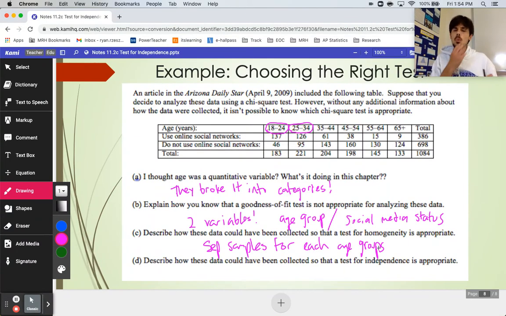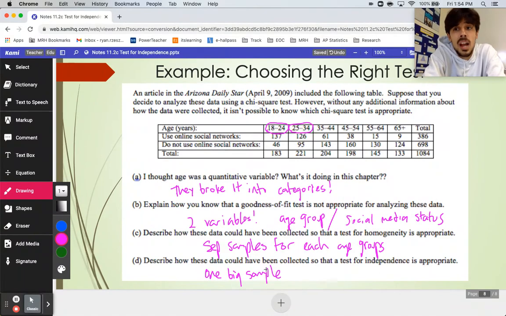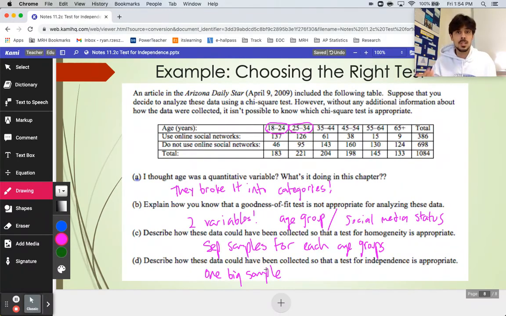And then how would it be a chi-square test for independence? It would need to be one big sample. Honestly, that's what I think this probably was. Picture an online survey where you're just asking people stuff. You probably didn't just ask them about this question. When you take a poll or a survey on something, they've already got you there, so they're probably going to ask you a handful of questions about different things.